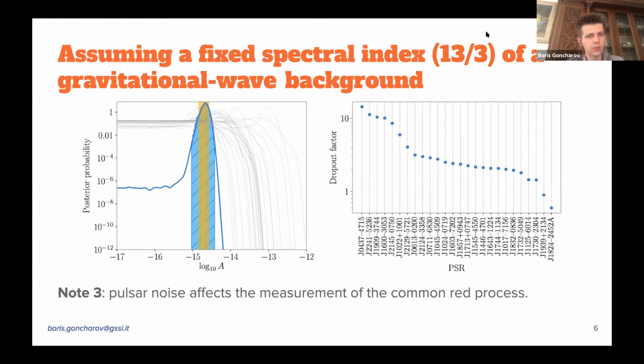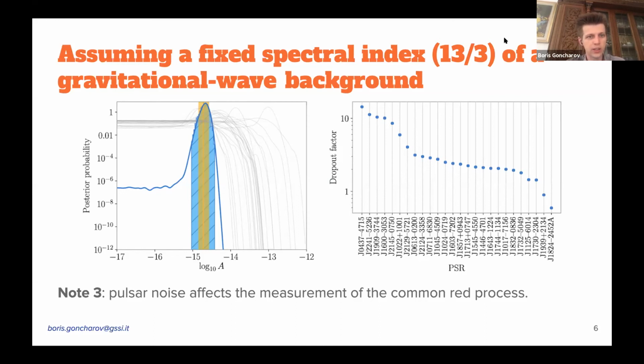This factorized likelihood approach is the thick blue line, and it matches really well with the direct measurement of the common red process amplitude when we don't use this approach, when we just analyze an ensemble of pulsars together in a single likelihood analysis.